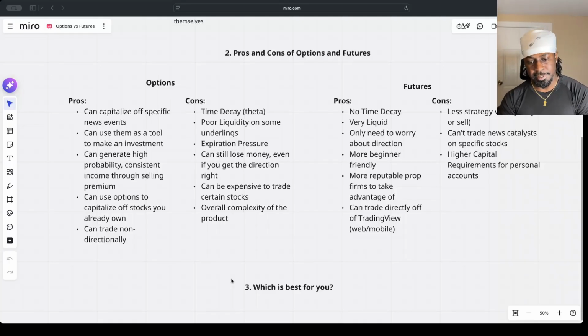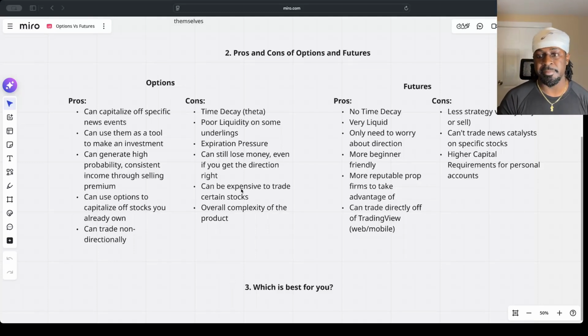And because I use those time frames, when you're trading options and you're trading a 0 day to expiration, even if the stock is moving in the direction that you wanted it to go in, if it doesn't do it quick enough, then you're still going to lose money due to theta. And that's not only for 0 day to expirations, that could be for weekly options or swing options as well. So you can still lose money even if you get the direction right. And that was really the number one reason for me to switch over from options to futures.